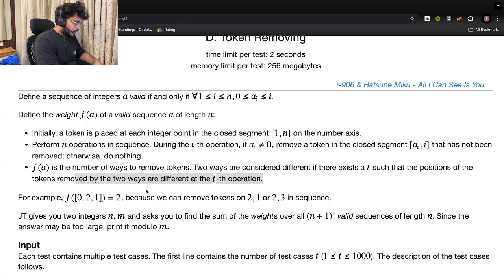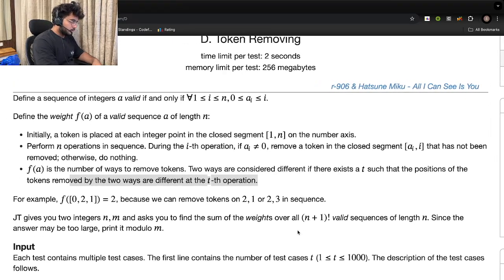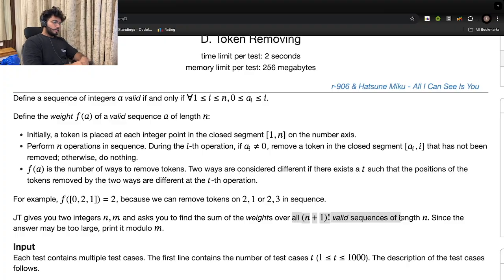We are given n and m. We need to find the sum of weights over all of the sequences, and there will be a total of (n+1) factorial sequences, because at the first position we can have 0 and 1, at the second position we have 0, 1, 2, then 0, 1, 2, 3, which means 2 times 3 times 4 times 5 up to n+1. This is (n+1) factorial total valid sequences, and for every sequence we'll have some value of f(a).